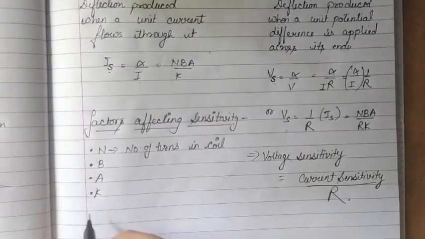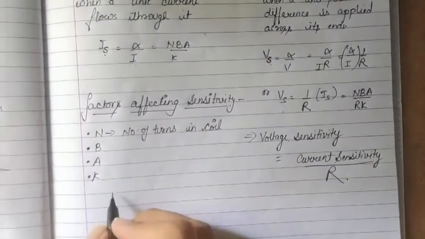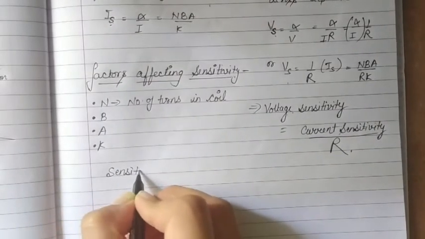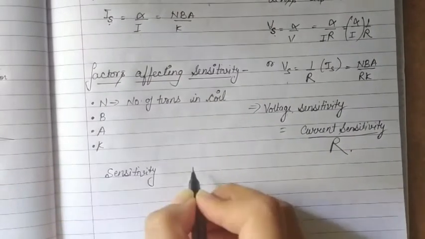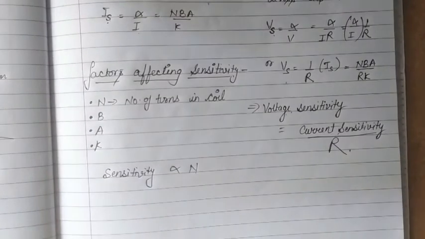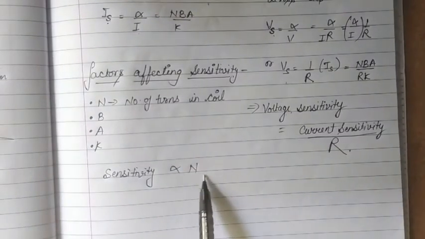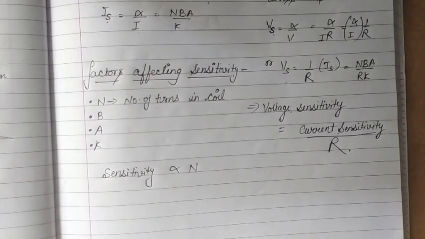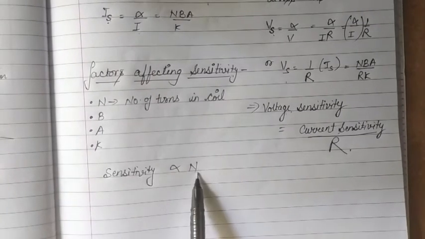That means sensitivity is directly proportional to capital N. If we have a large number of turns in the coil, the sensitivity of the galvanometer is also high, or we can increase the sensitivity by increasing the number of turns in the coil.